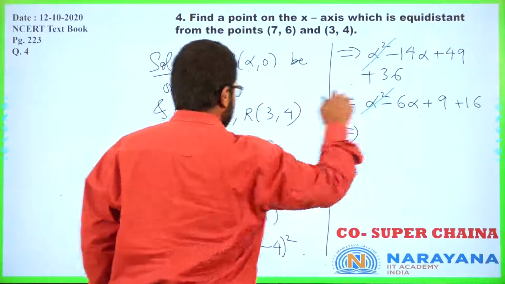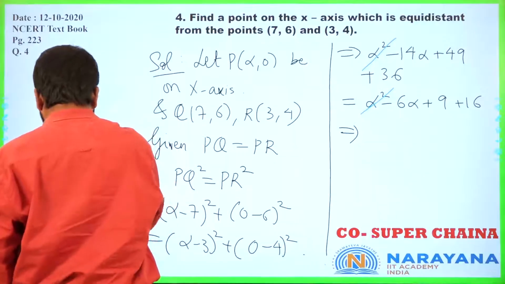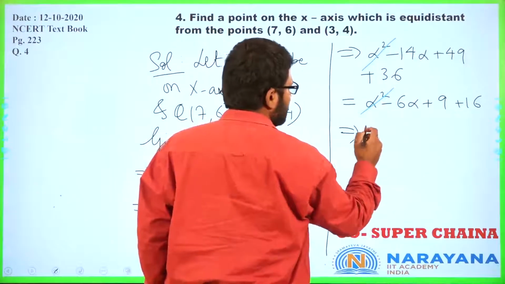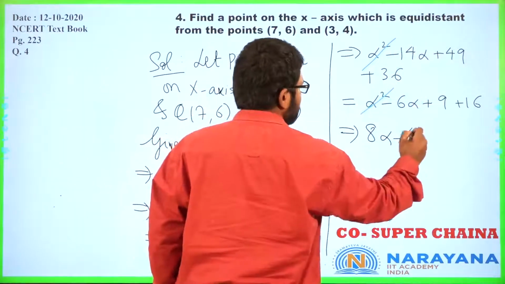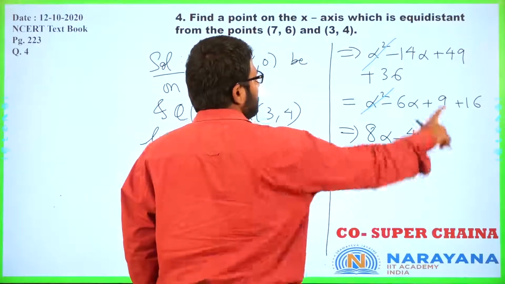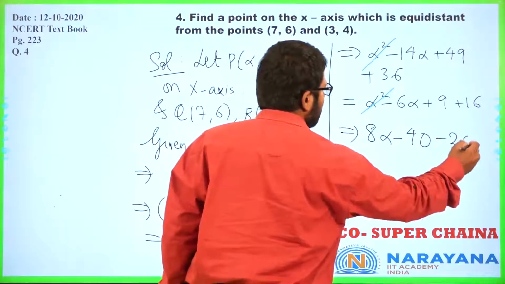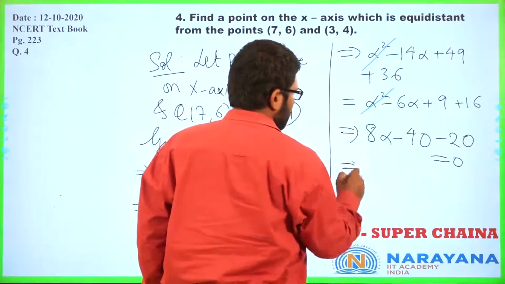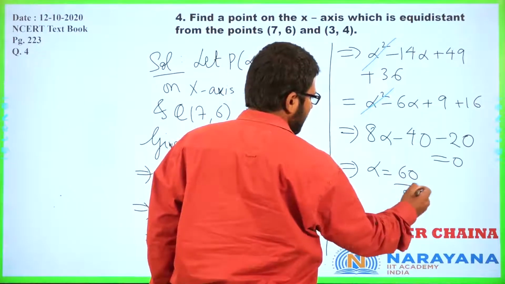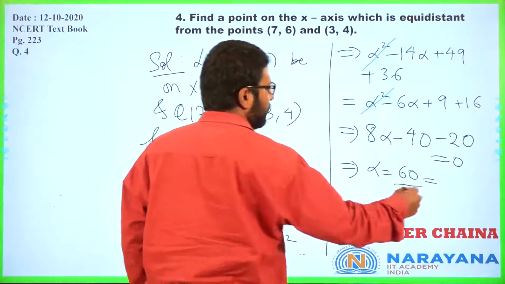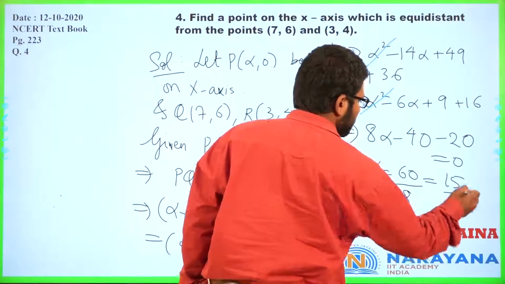Bring everything to the RHS. 14 alpha minus 6 alpha is 8 alpha, and then 9 minus 49 is minus 40, and 16 minus 36 is minus 20, equal to 0. This is minus 60, take it there. Alpha is equal to 60 upon 8, cancel with 4, 15 by 2.